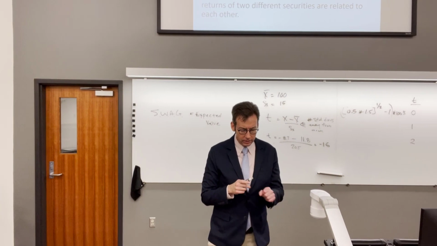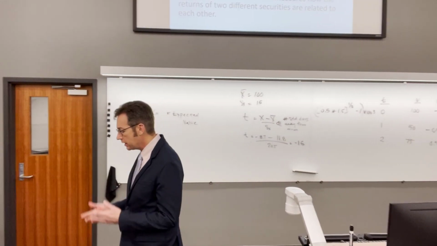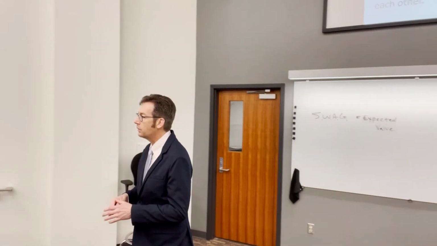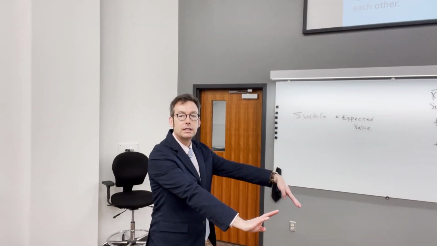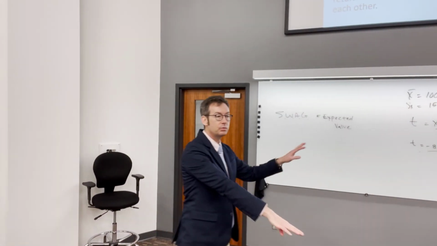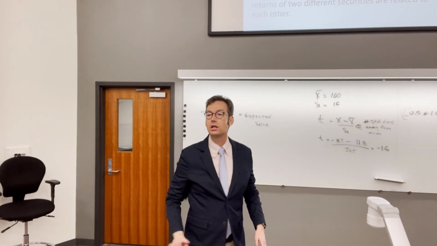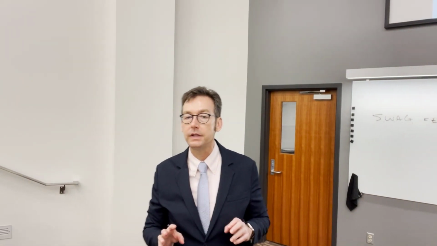So far, we haven't entered into any kind of new concepts, but now, because we're talking about more than one thing, and we already talked about the interpretive dance, by the way, this is the second time, right? We're going to have this difference in movement between these. And it turns out the more different that movement is between them, the more risk we can get rid of through this thing called diversification.